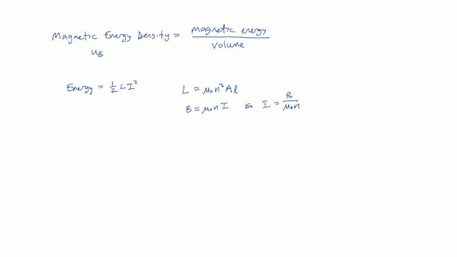We can make these substitutions and we find energy is 1/2 times L, which is mu 0 n squared A times l, and then we have the quantity B divided by mu 0 times n, and we're going to square that.